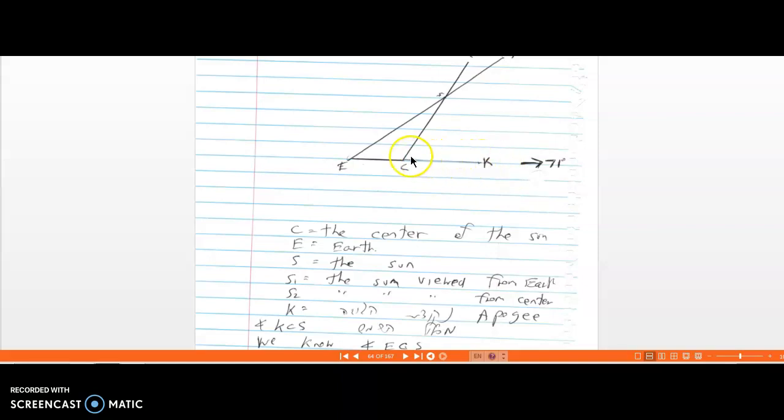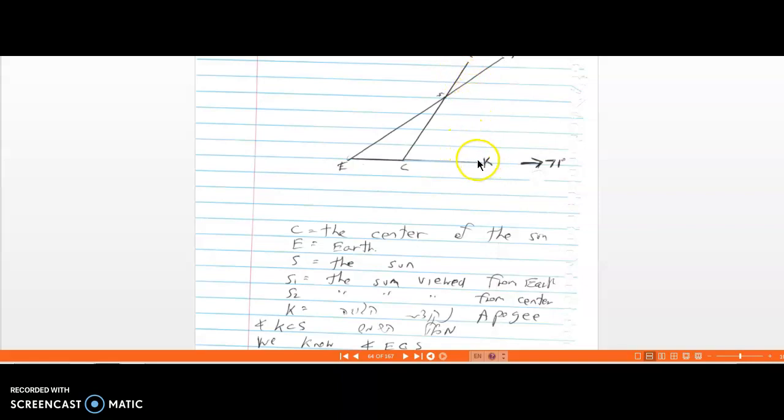If you know this angle, then this gives us information about this angle here, because this is obviously the most important angle. This angle is telling us how much to deduct from the mean sun to find the real sun.